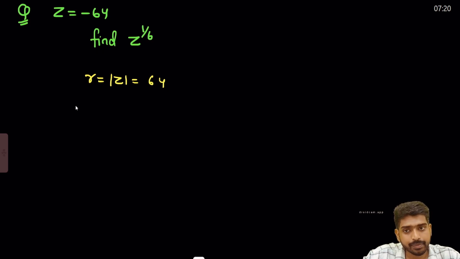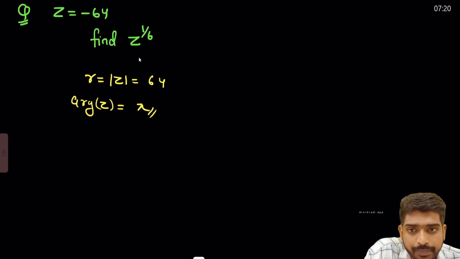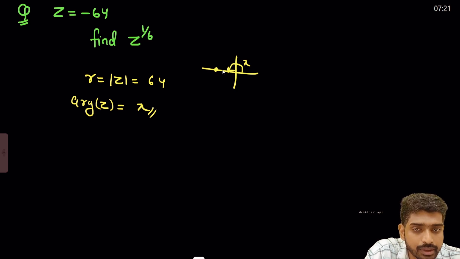And next, the argument of Z will be pi. Understood? Because it is minus 64, it will lie on the negative x-axis, so the argument will be pi.